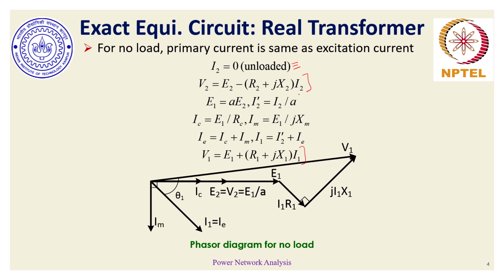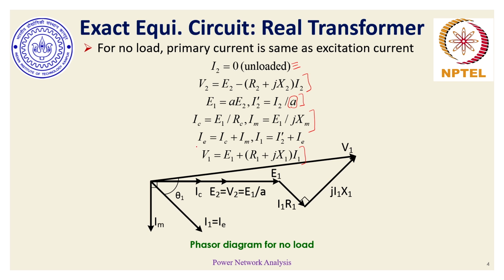Then we have the current conversion and the voltage conversion as per the turn ratio of the transformer, where A is the turn ratio. And then IC, which is the core loss component, and IM, which is the magnetization current component, come as per the KVL across the parallel branch.